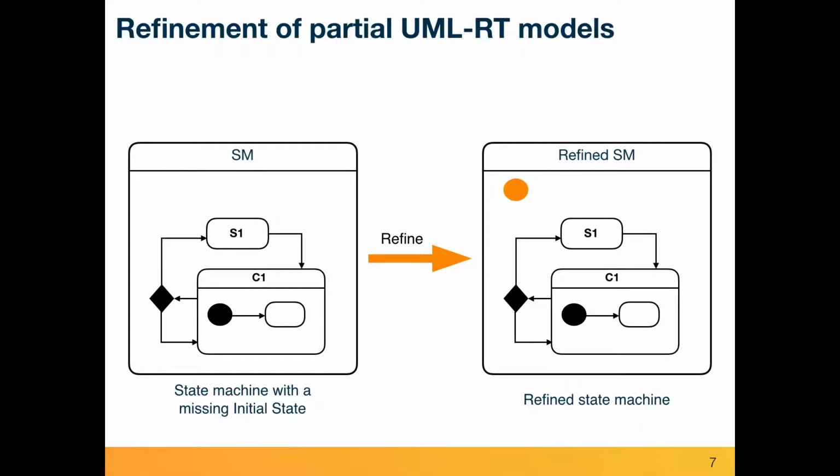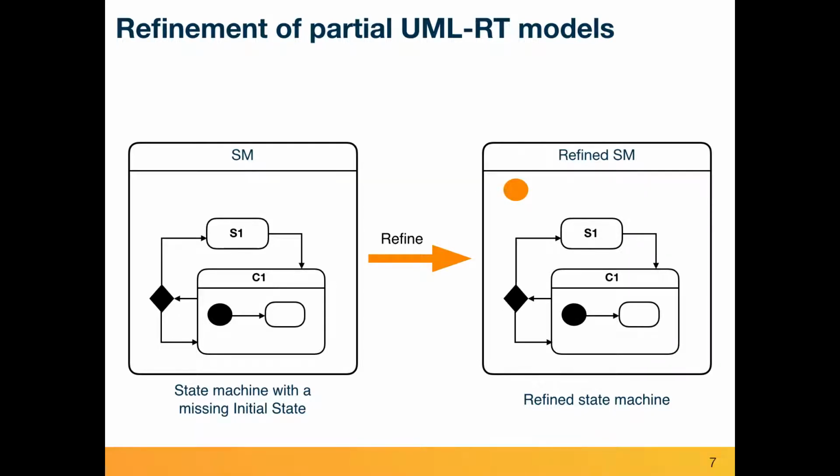Here, the state machine on the left cannot be executed since it does not have an initial state. To fix that, first, we add an initial state. Then we need to add a transition from the initial state, for which we have two options.